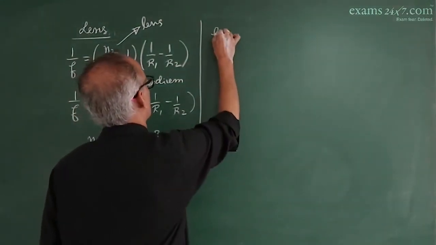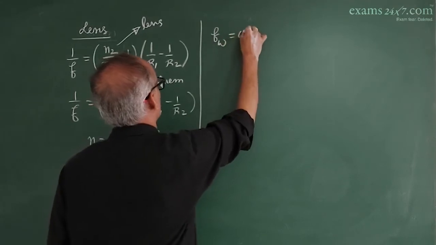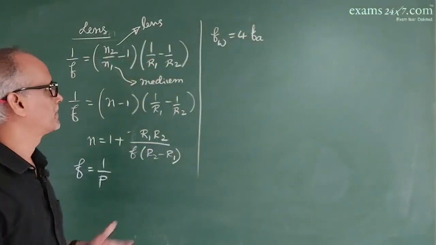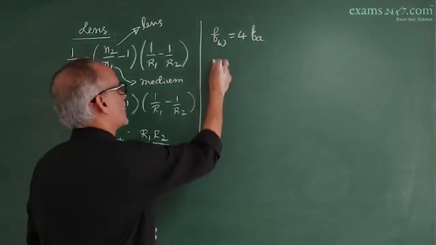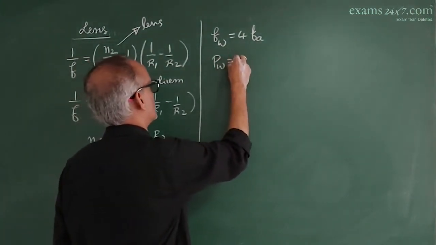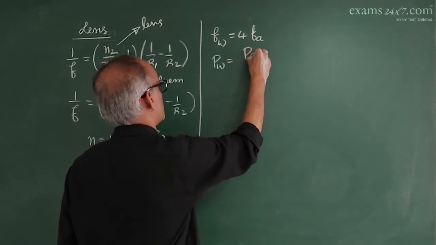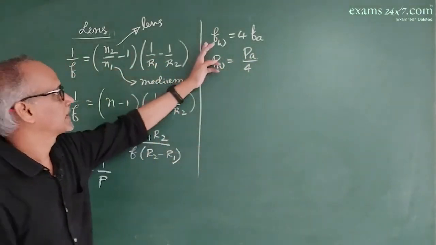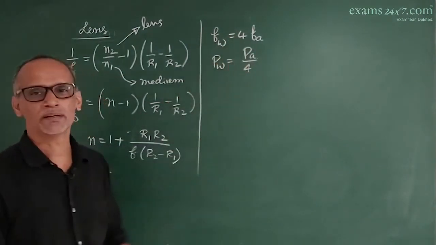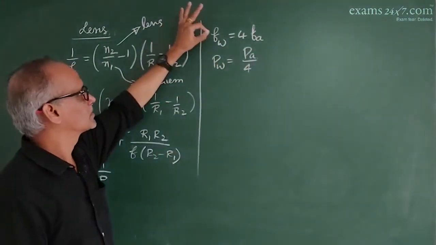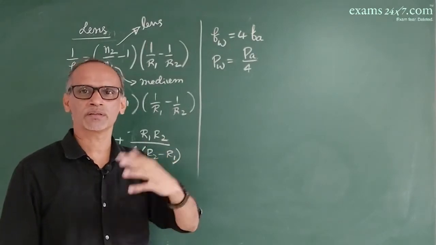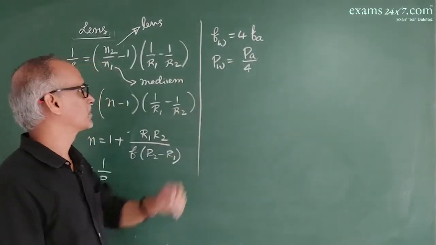Focal length of the lens in water is 4 times the focal length in air, whereas the power decreases. Power of the lens in water is the power of the lens in air by 4. So, focal length increases whereas the power decreases, and these equations are valid only when the lens is immersed in water, not in any other liquid. Okay, it's applicable only for water.